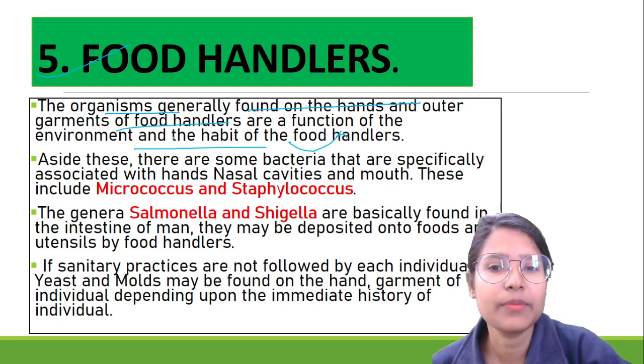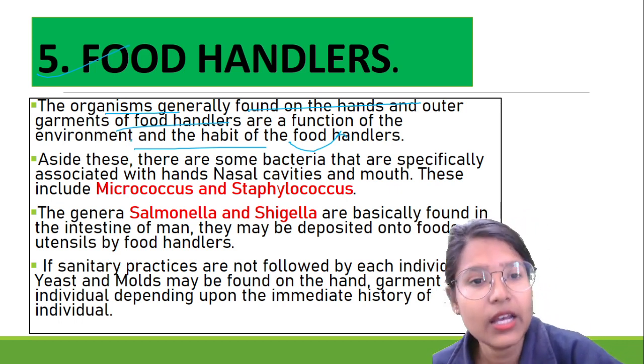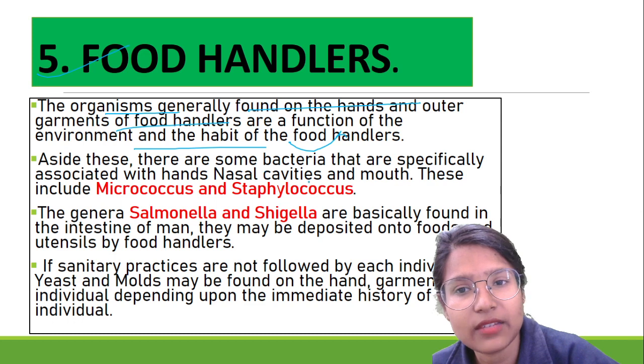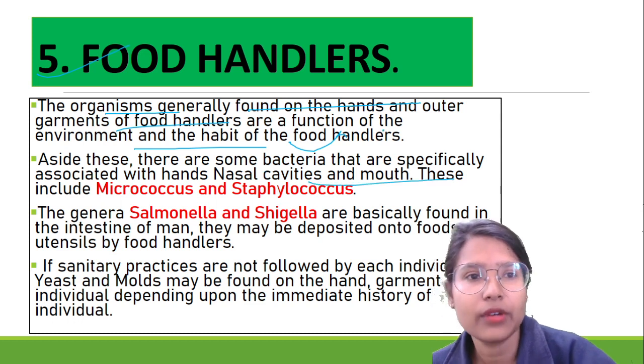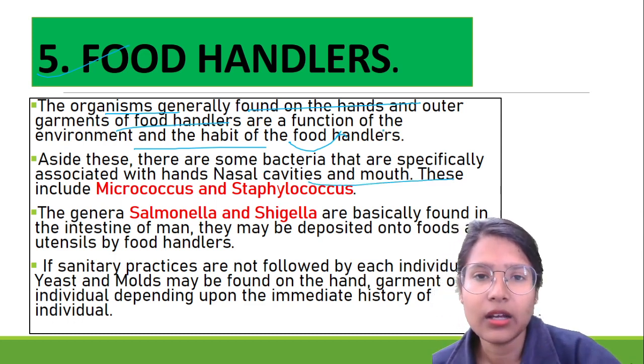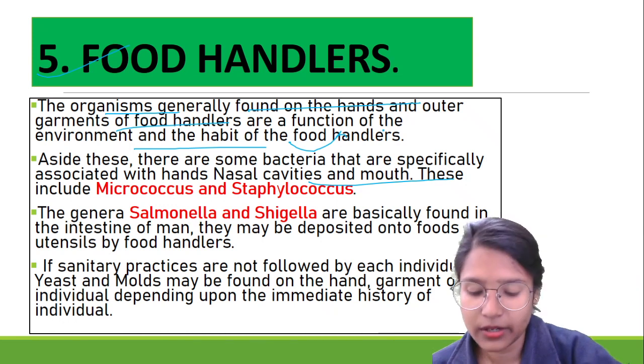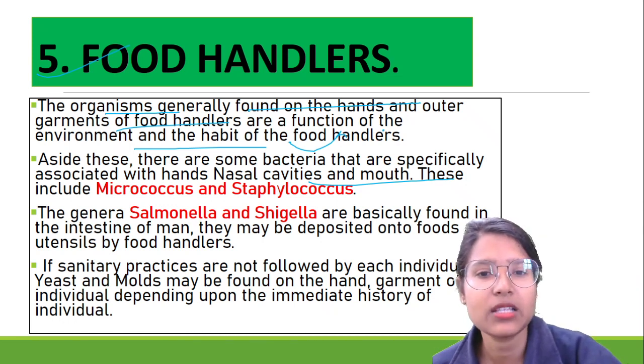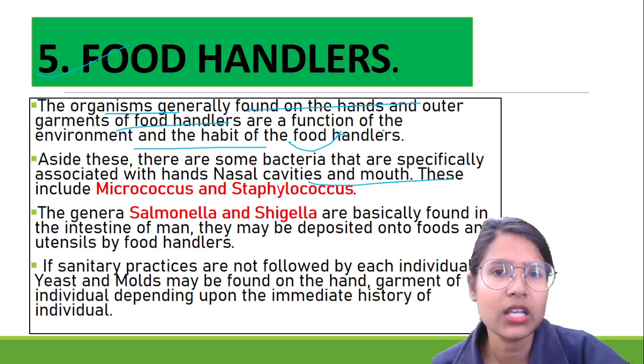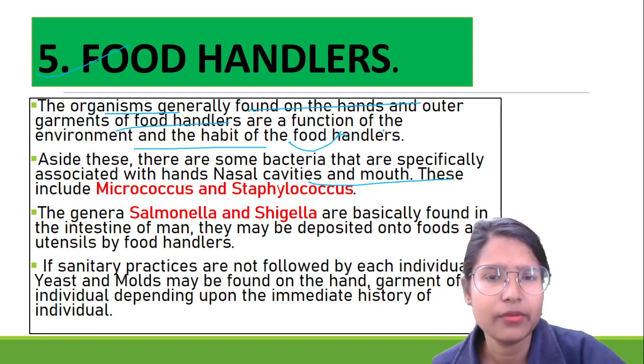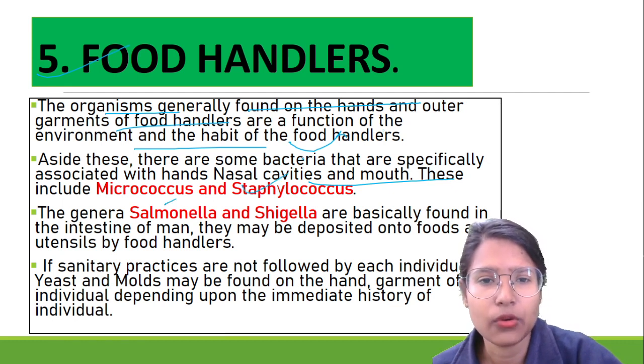Also, there are some bacteria that are specifically associated with hands, nasal cavities and mouth. These are the areas which generally get contaminated with microorganisms easily, such as Micrococcus and Staphylococcus.